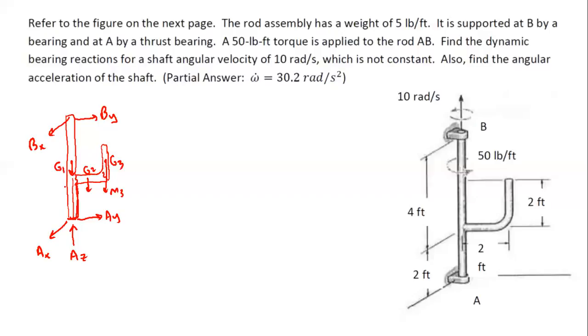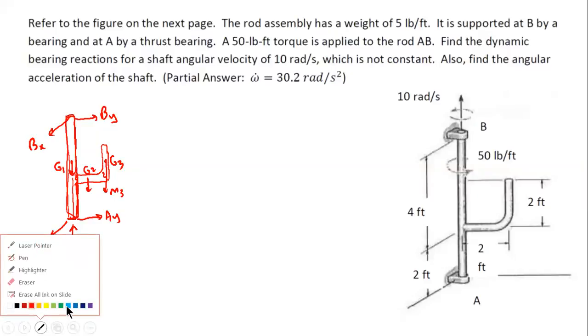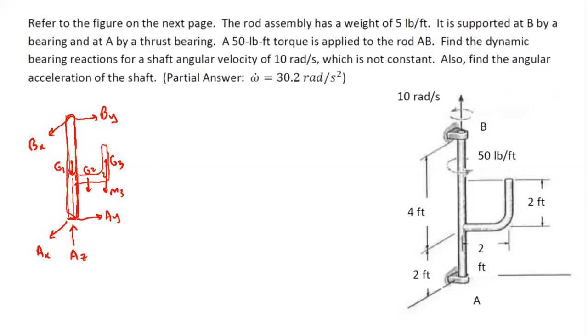The 6 foot long section is going to be my part 1. So this whole thing would be part 1. And then the second part there could be our part 2. And then this other section going up there, that area is my part 3.